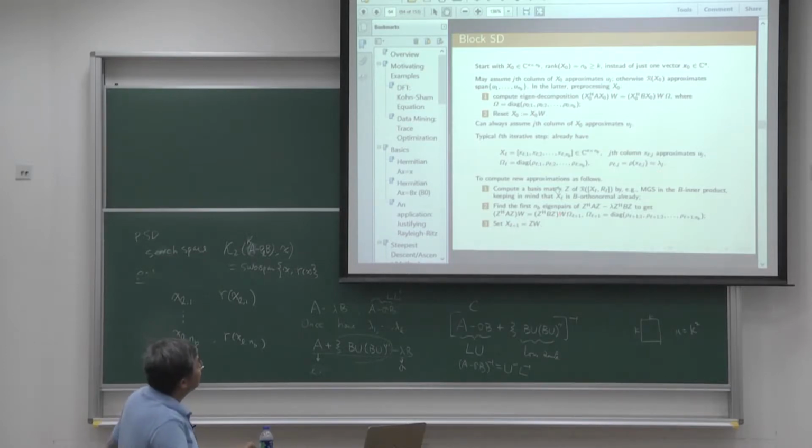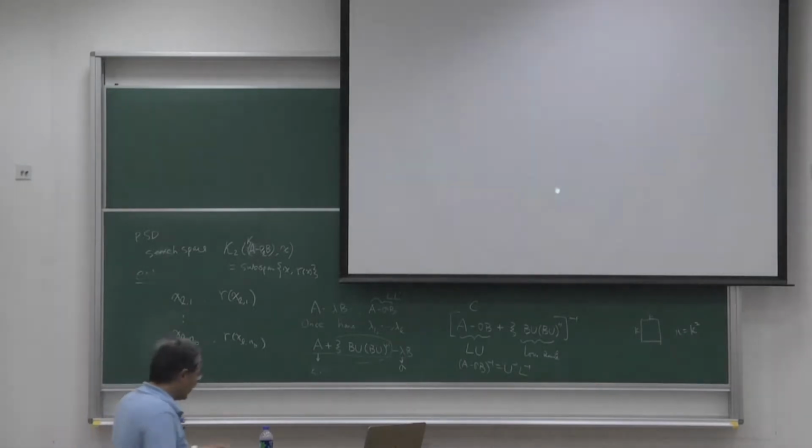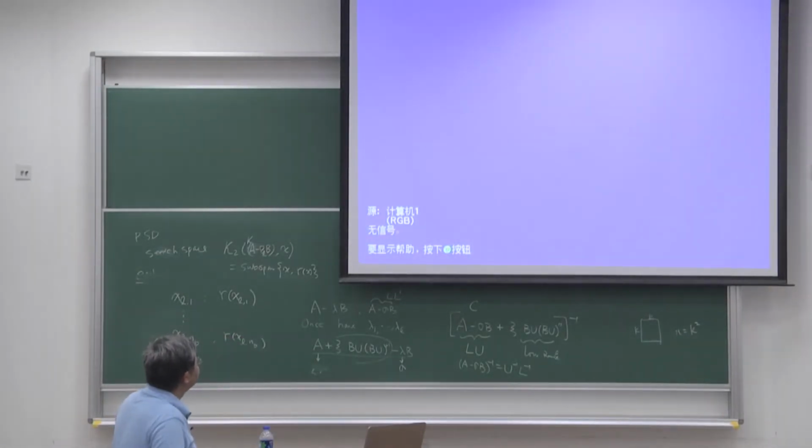So we could pick the smallest first half out, and this is a partial eigen decomposition. It's not the full eigen decomposition. The matrix was 2 nb by 2 nb, but we're going to pick the first nb for A and B. Then reset X. So the next vector approximation will be Z times the W vectors of the smaller matrix. That's basically what it is. Okay. Right? So what's going on?